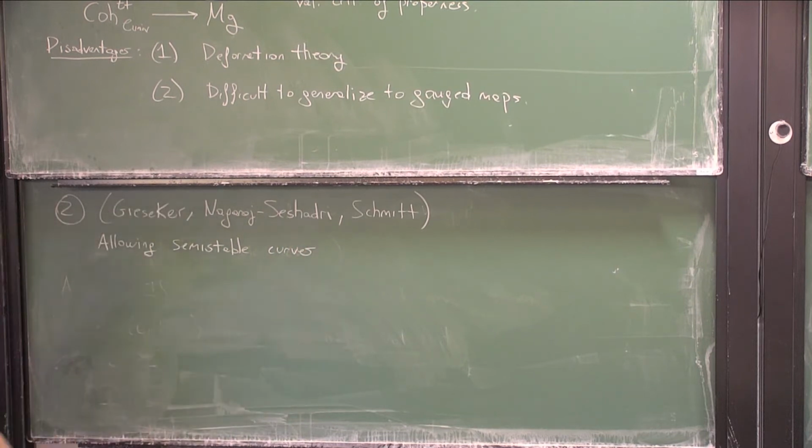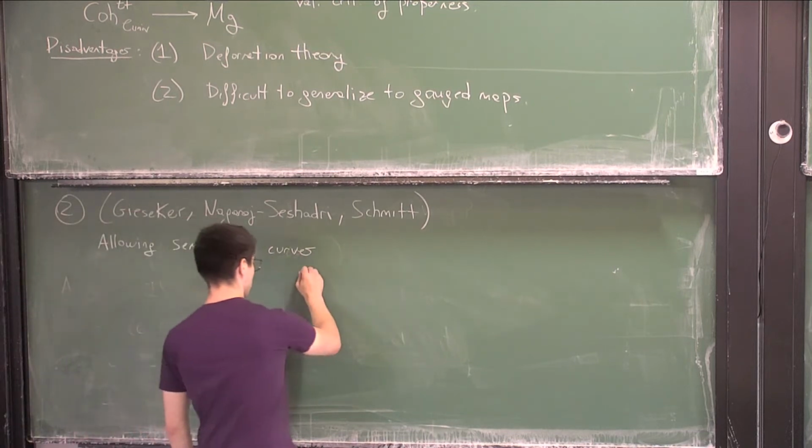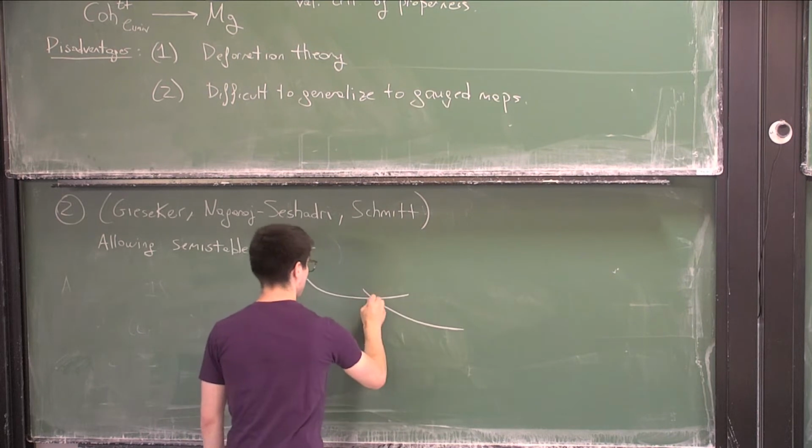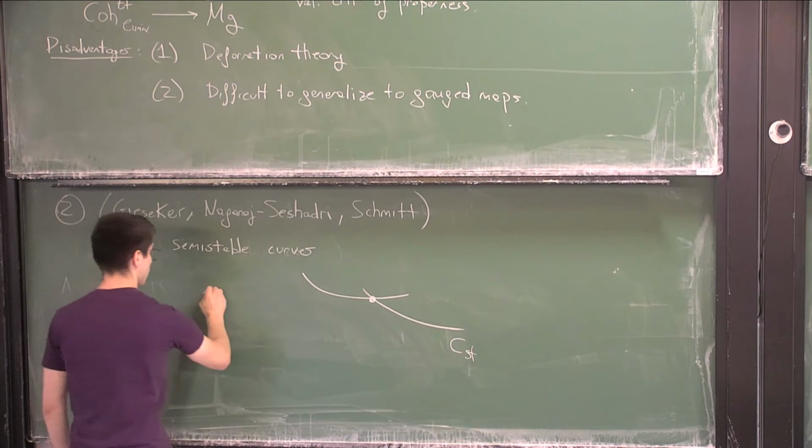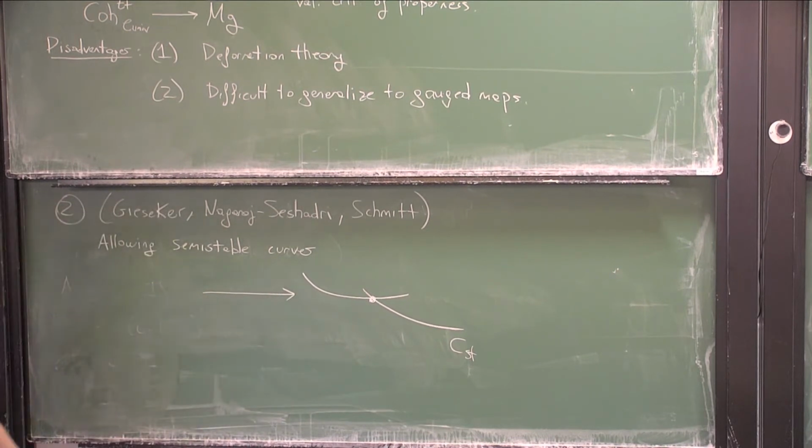So this moduli is not going to parameterize vector bundles on your fixed stable curve. What you're going to do is take your given stable curve, C stable, and take some semi-stable curve with that given stabilization.